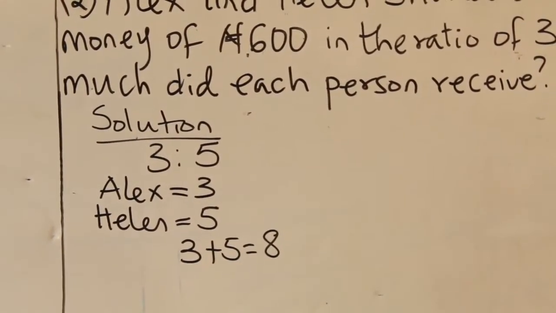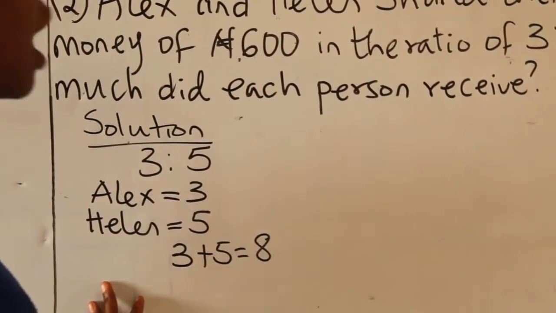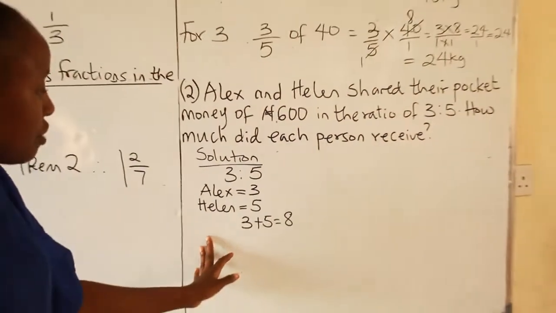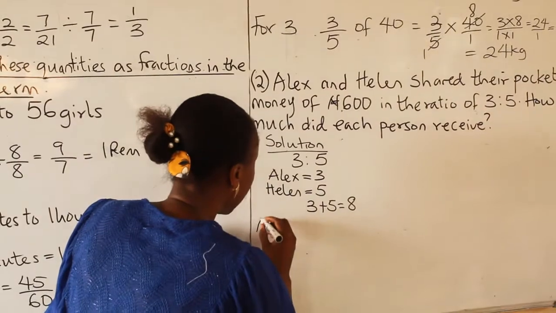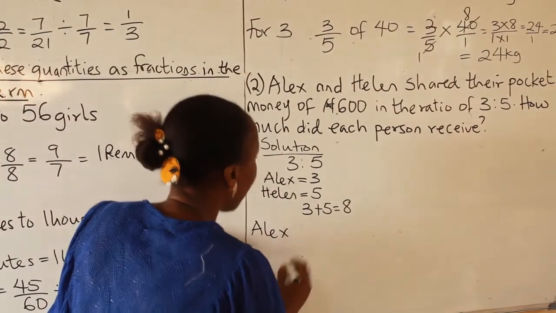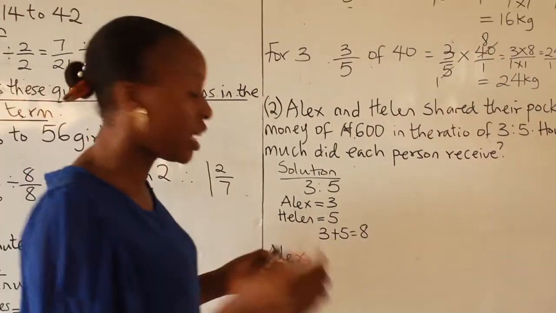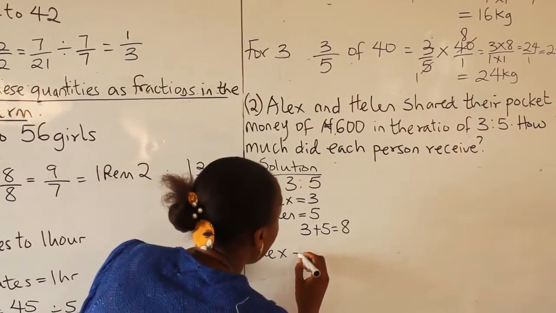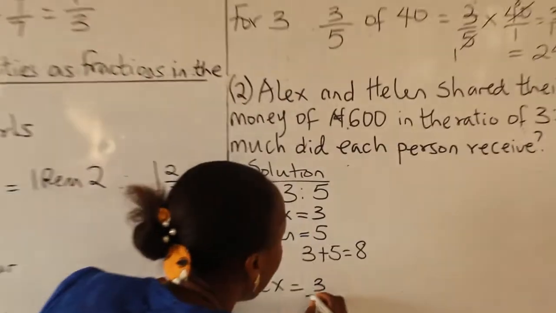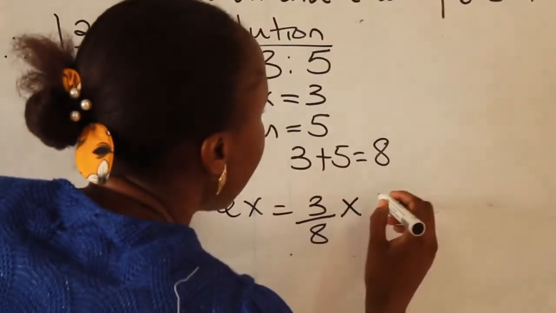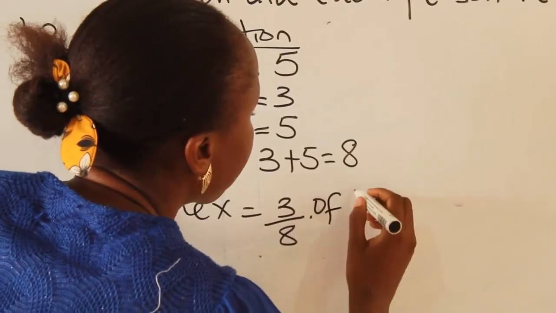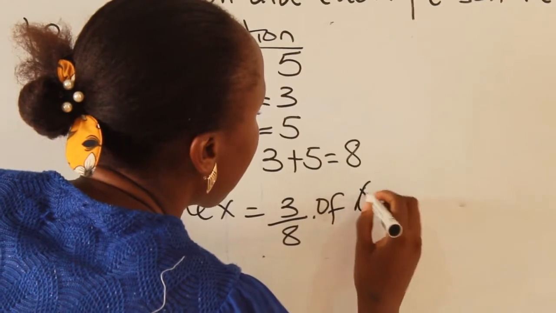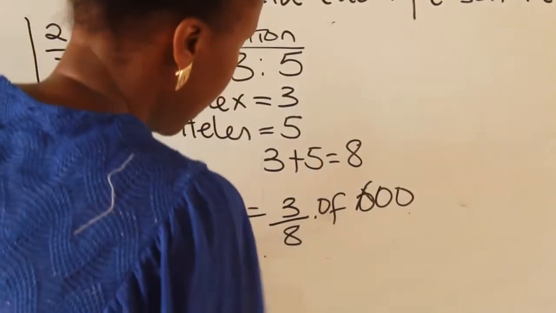And then we'll be finding how much Alex will receive and how much Helen will receive. Alex's share is 3 out of 8. So for Alex, it will be 3 over 8 of 600.